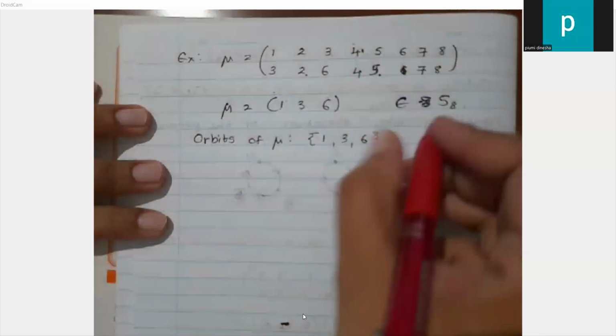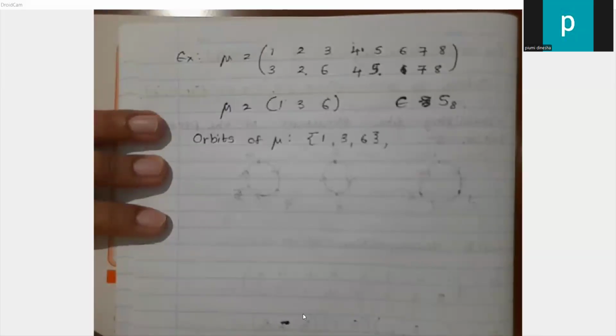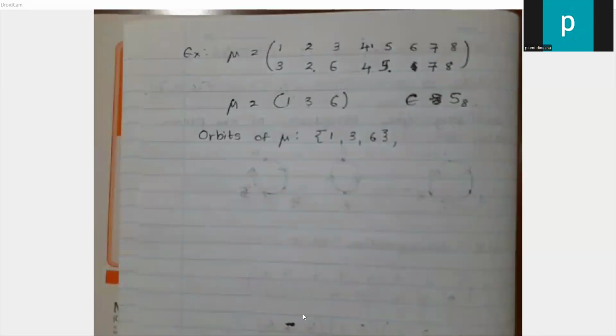Yes, right? Which orbit does 4 belong to? Or maybe 2? The identity? No, the identity is simply a permutation, right? We are looking at the partition of A by mu, by simply considering its orbits, right?